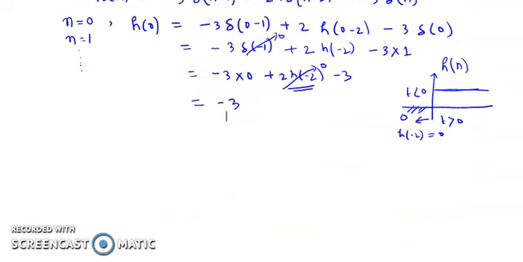Similarly we can calculate the other values. If we put n = 1, then we get h[1] equal to -3 delta[1-1] + 2 h[1-2] - 3 delta[1]. Now this is delta[0], so you can write -3 times 1, plus 2 h[-1], minus 3 delta[1] which becomes 0. For a causal system h[-1] is 0, so h[1] is equal to -3.